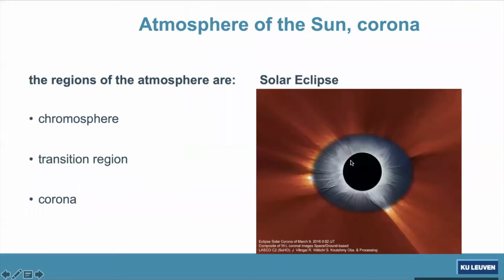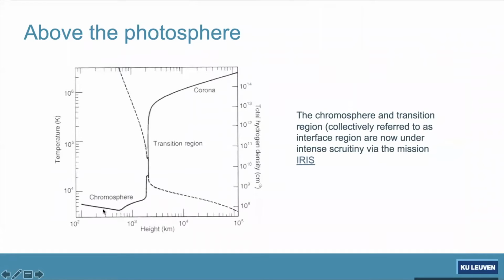As I mentioned, as you go up from the surface of the sun, you first encounter the chromosphere, then there is a narrow layer called the transition region, and then finally the corona. Okay, so that's the real puzzle. As you are in the chromosphere, the lowest part of the solar atmosphere, you see that the energy starts to go down.